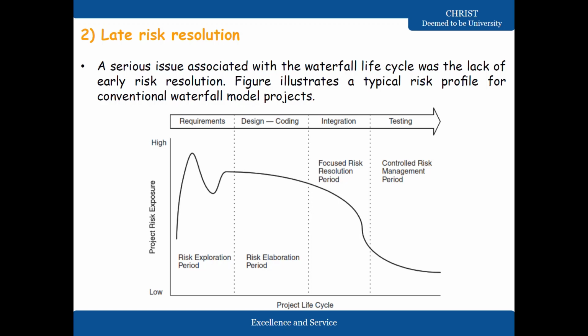So we have to resolve all these risks early in the lifecycle so that we'll be able to successfully execute the project. The figure illustrates a typical risk profile for conventional waterfall model projects, with the project lifecycle on the x-axis and the project risk exposure on the y-axis. And for requirements, design, coding, integration, and testing, this is how the graph goes.